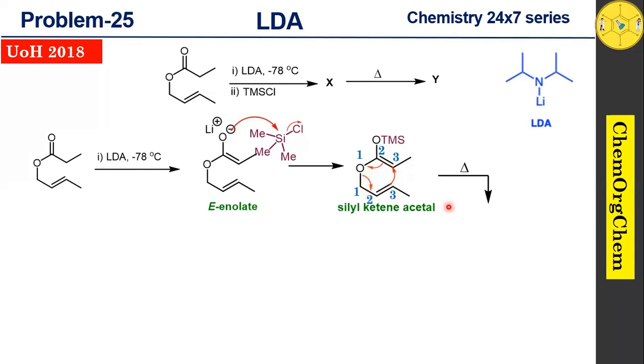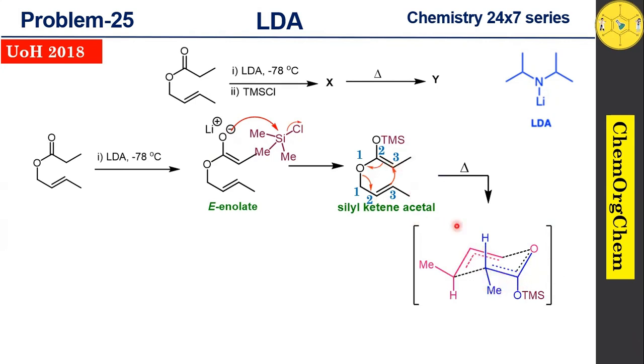This particular 3,3-sigmatropic rearrangement proceeds through a cyclic transition state. This portion has a methyl, and here as well as here you see the OTMS group. This OTMS as well as the methyl are both present in the same direction.